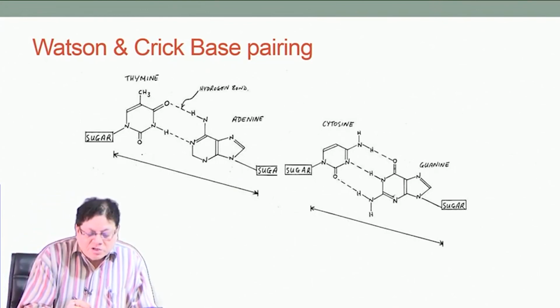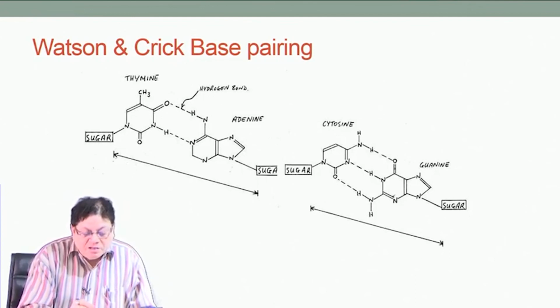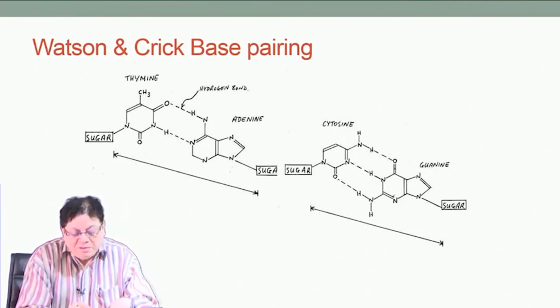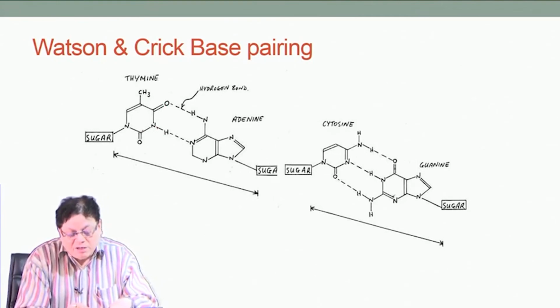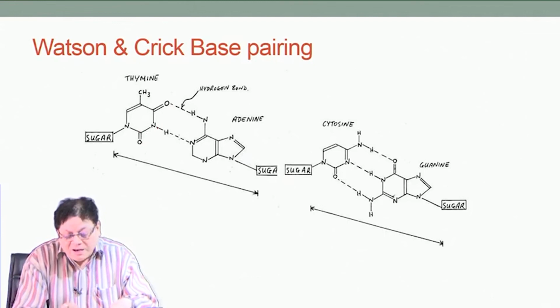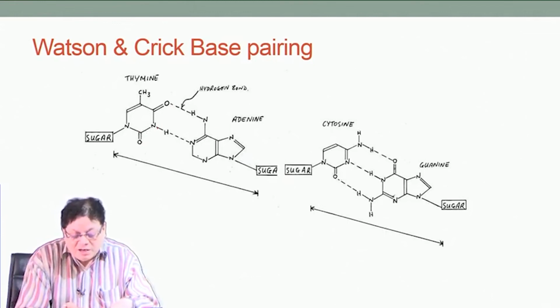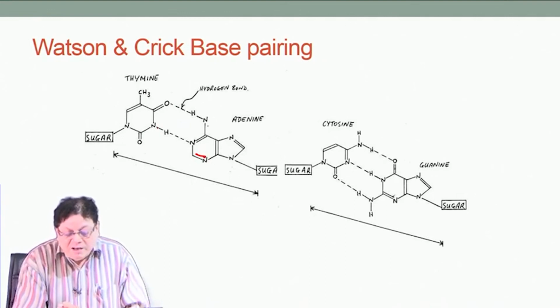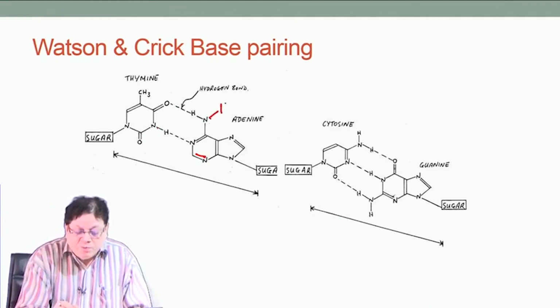Now, if you look at the structure of thymine, thymine has a methyl, this is a carbonyl, and this is a pyrimidine ring. So, it has an NH, a carbonyl and a carbonyl. And adenine, actually there is a double bond here, and adenine has this NH2. Okay.